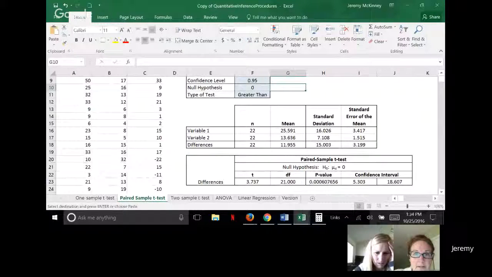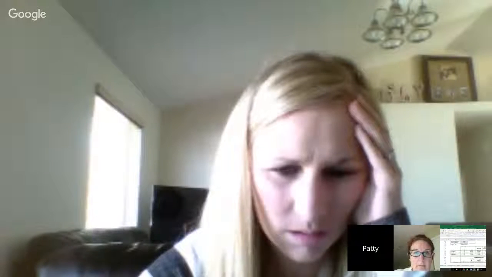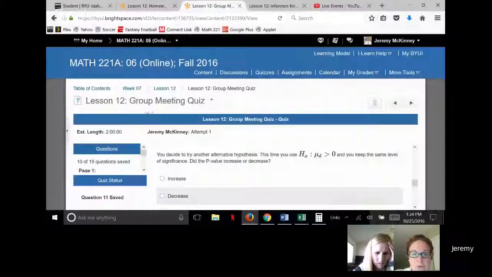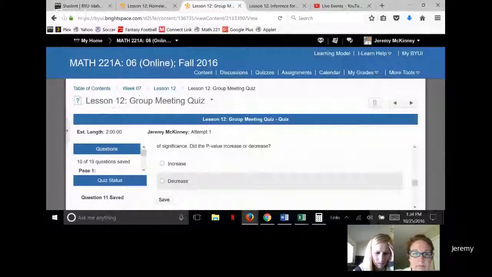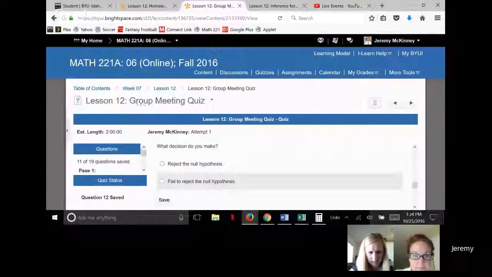Here we go. Yes, it does decrease by a little bit. When you round it to 3 decimal points, it's the same, but it does decrease. But you're still going to reject. Yes.